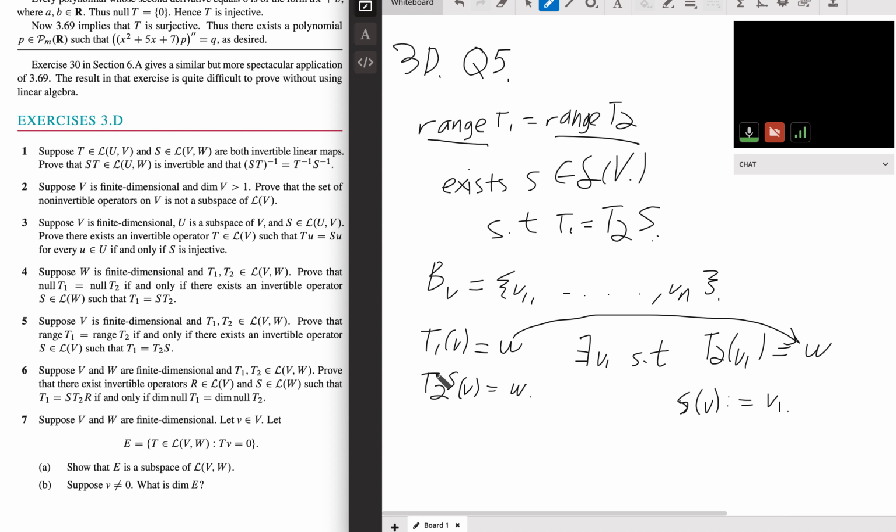And this indeed defines S for every single V inside the set V.